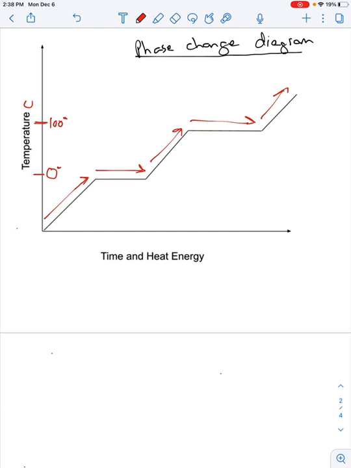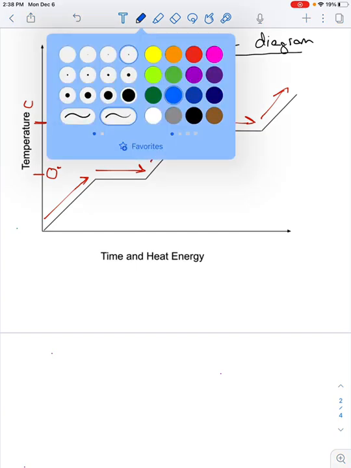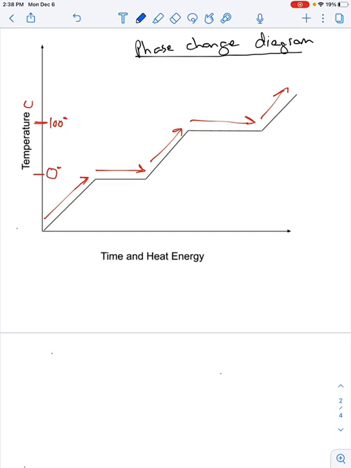So that's what happens when you add heat energy to temperature. Now, of course, the opposite happens when you take away heat energy. The temperature goes down, remains constant for a bit, goes down, remains constant, goes down.